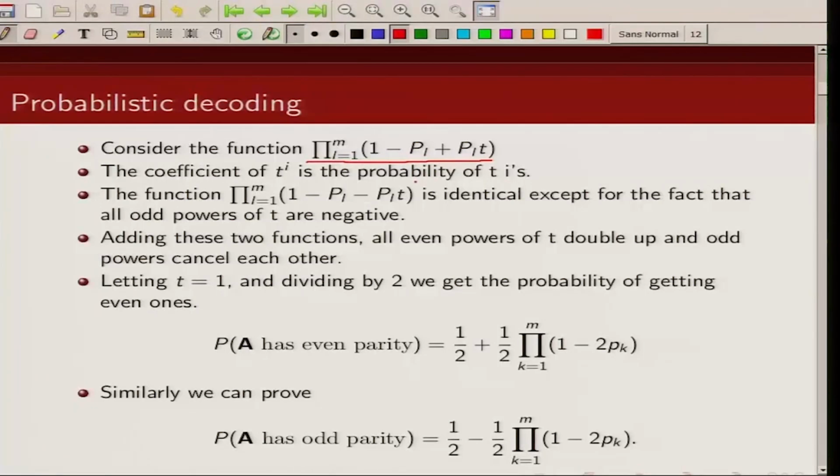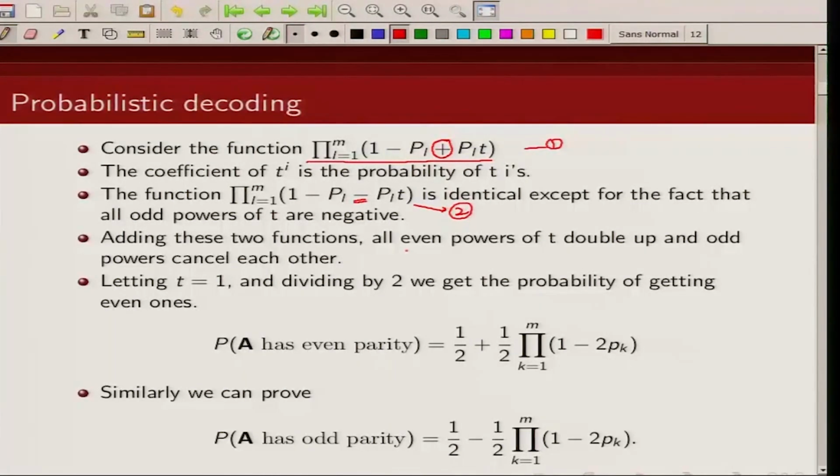Now, we can similarly consider this function where this plus has been replaced by minus here. This function is identical to the first, except that the odd powers of t will have a minus sign in the expansion. So, if we expand both and add them together, all the odd powers of t will go away.